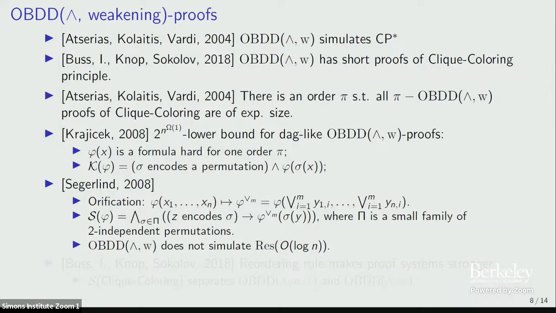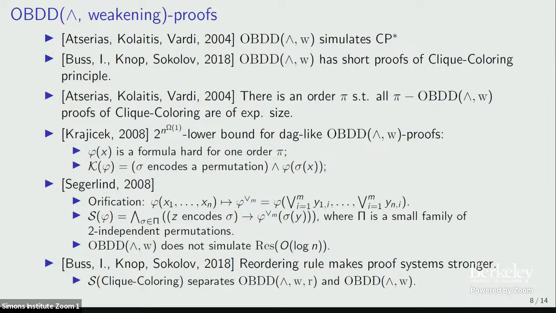For example, Segerlind proved that this proof system does not simulate Res(log n). And using these two orders, where in one order clique coloring is simple and in the other order clique coloring is hard, it's possible to prove that adding reordering makes the proof system stronger.